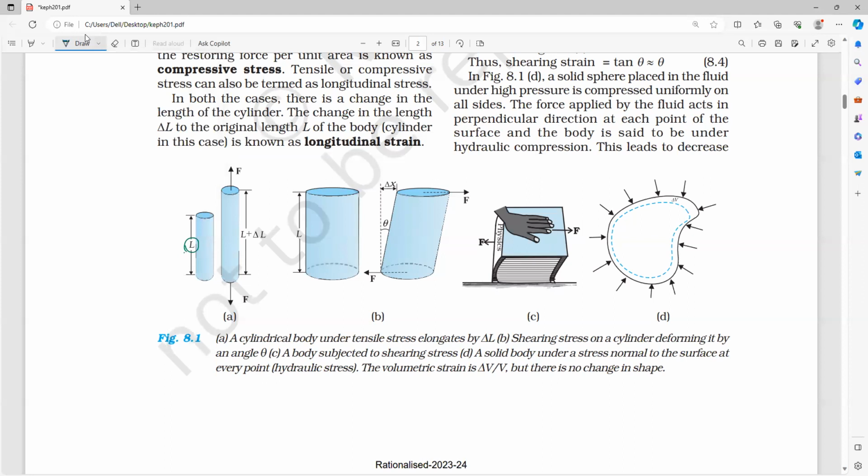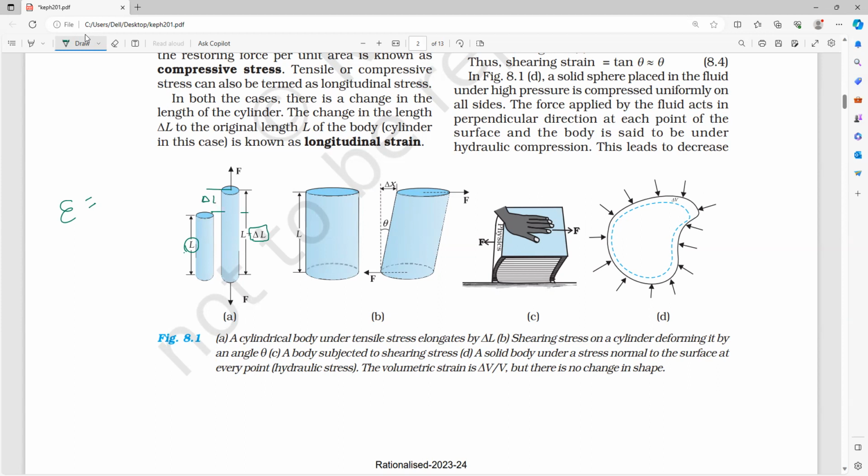Because of compression or expansion, whatever it is, it doesn't matter. The length may decrease or the length may increase. The strain symbol is epsilon, E. So the strain is equal to the change in dimension. How much has the length changed? Before it is L, now how much has it increased?